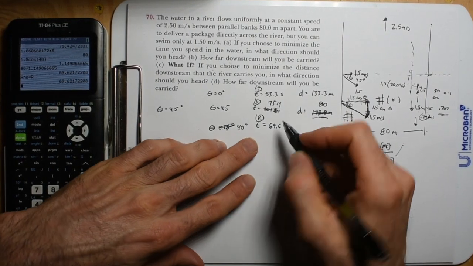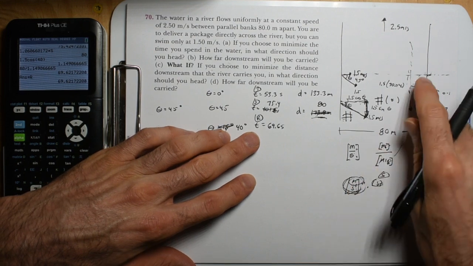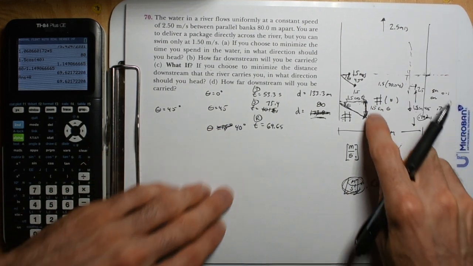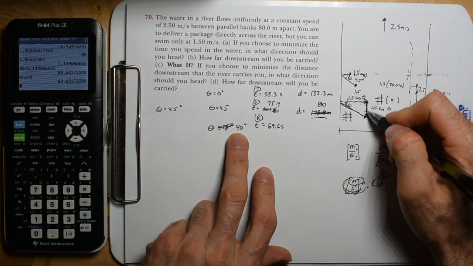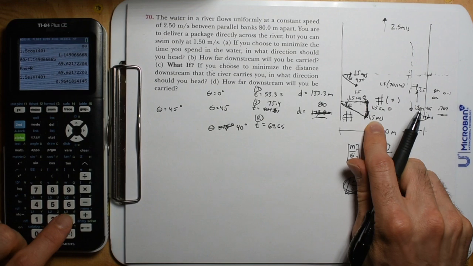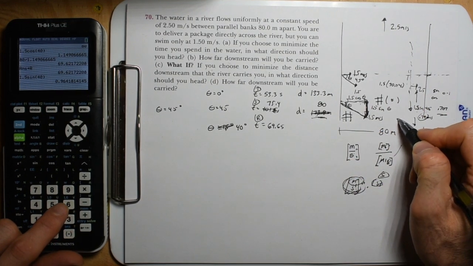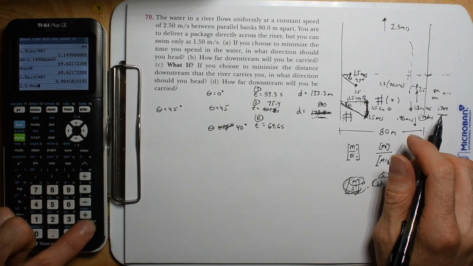If we know that time in seconds, and we multiply by meters per second, then we get the distance downstream. But at 40 degrees, what is our upstream? It's 1.5 sine 40. So we're swimming upstream 0.96 meters per second. We go 2.5 minus that.